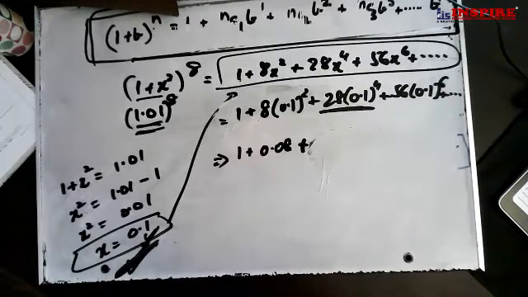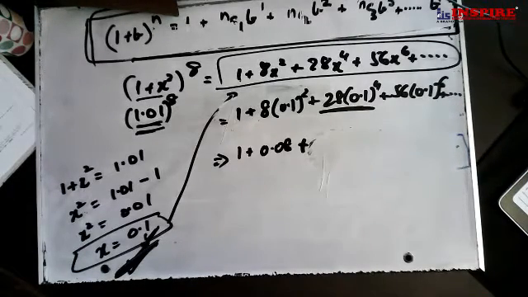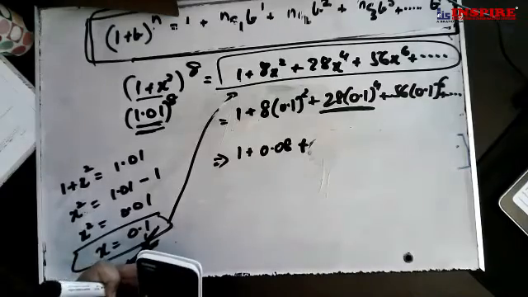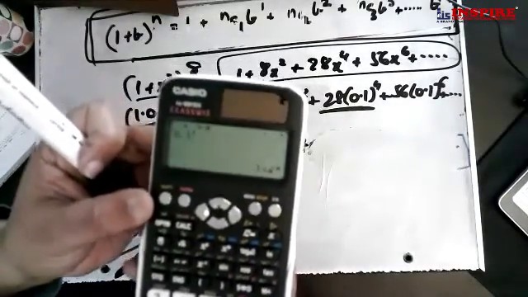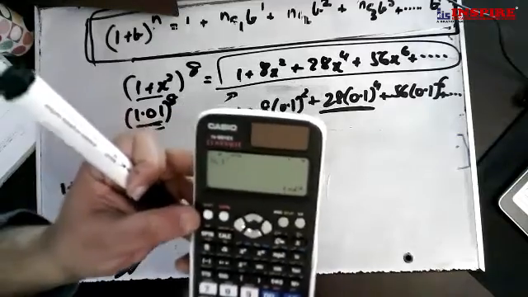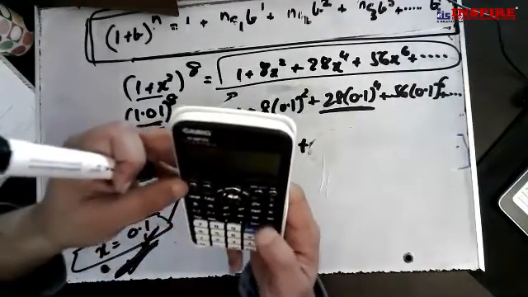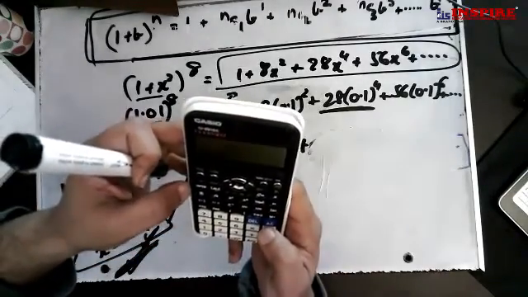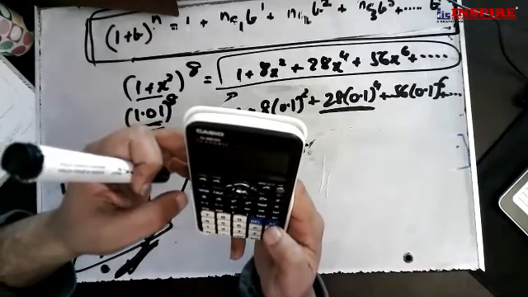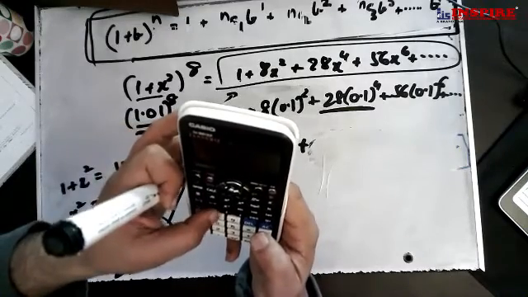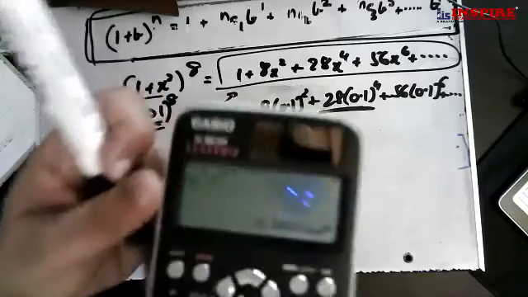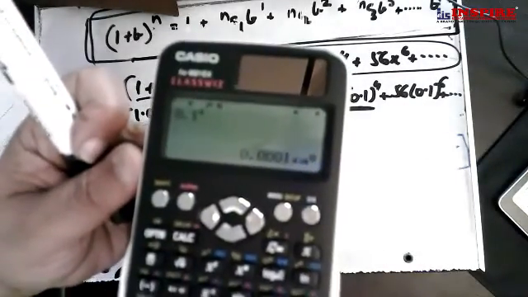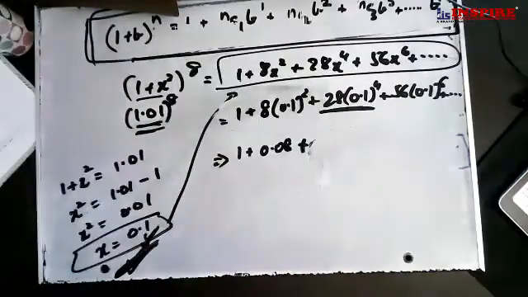SD दबाओ ना. You got to do it like this. You get something like 1 into 10 to the power minus 4. So press shift engineering, and the answer turns out to be 0.0001.